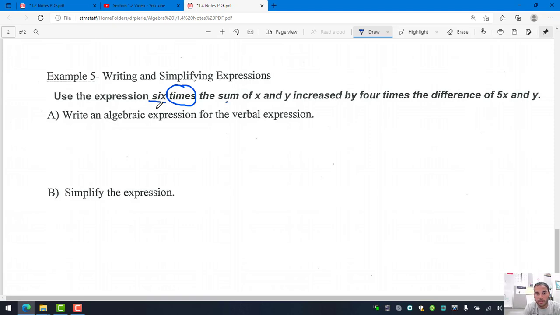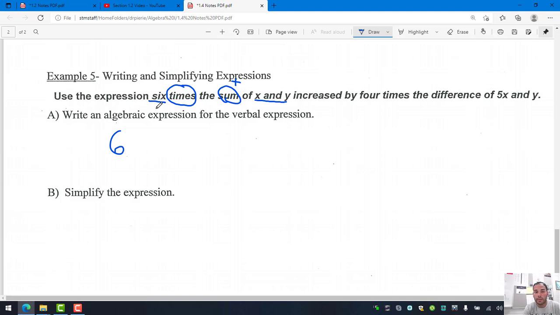When I see this word sum, what am I thinking? I'm thinking addition, right? And what are the two things I'm adding together? I see x and y. So let's just start with that first part. I'm starting with the number 6, and I'm going to multiply something by 6. And what am I multiplying by 6? I'm multiplying the sum of x and y.